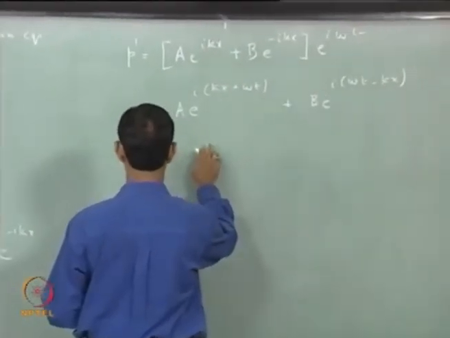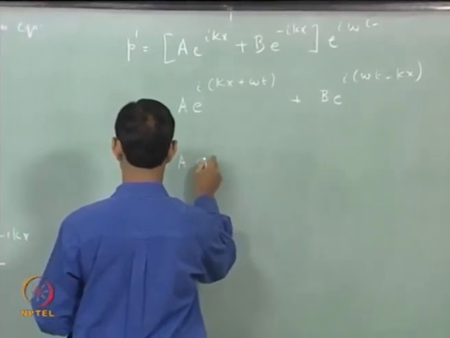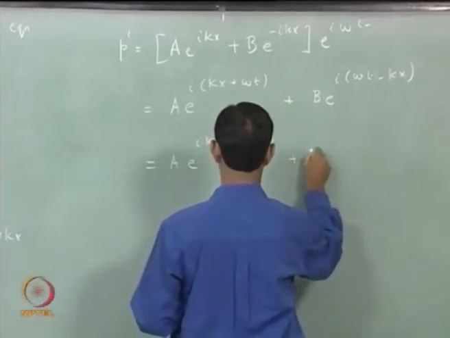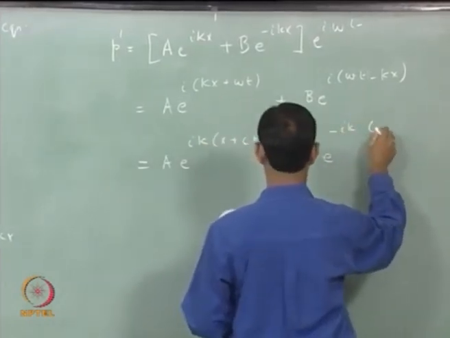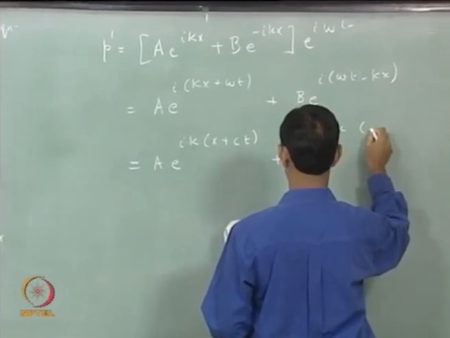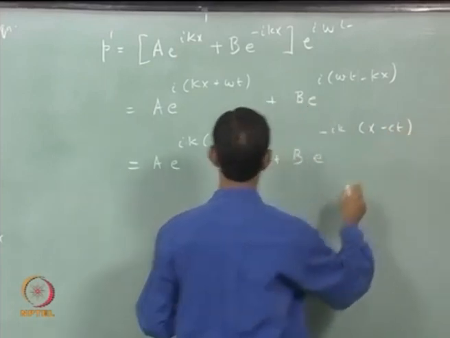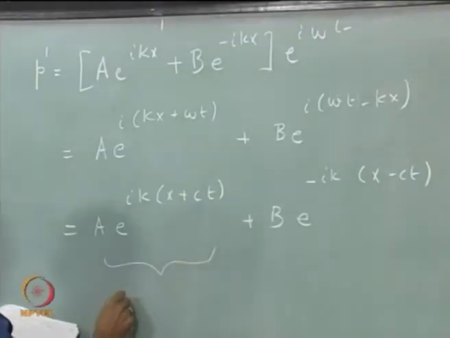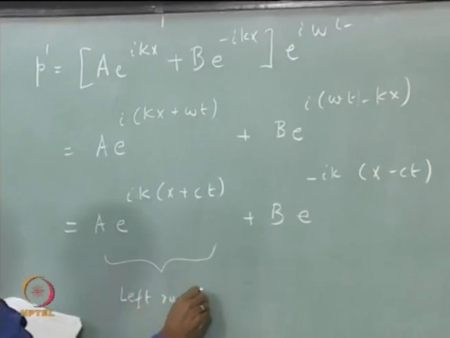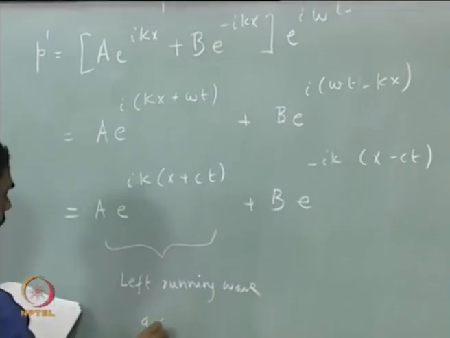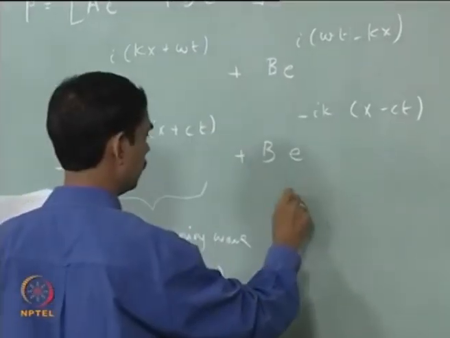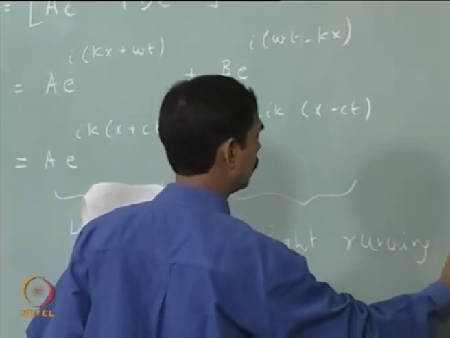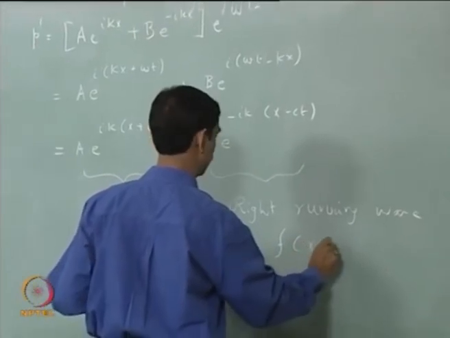So this is the left running wave, let us say of the form g of x plus ct, and this would be the right running wave of the form f of x minus ct.